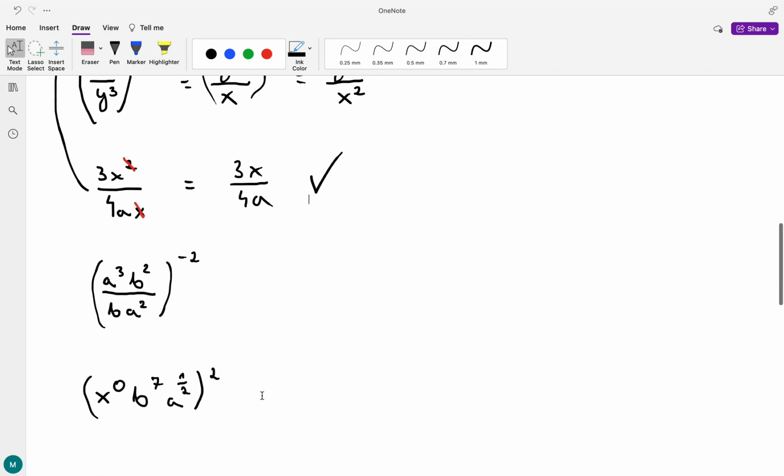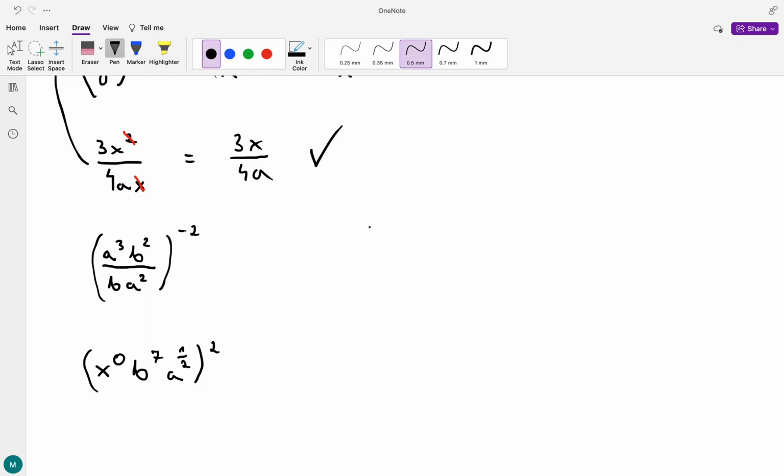Okay, so this one involves almost all of the rules that we have covered, besides the zero exponent rule and the fractional exponent rule. So first, let's see if we can work on simplifying anything inside the parentheses before applying this power of -2.